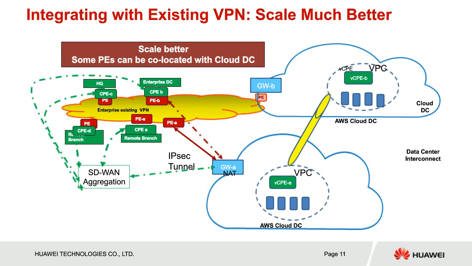You can incorporate that into your existing VPN service as a value-added service, allowing enterprises who already use your VPN to push some workload to the cloud DC without needing to manage the connectivity to the cloud DC. That's the case shown here, where PE-8 has a direct connect to the cloud gateway.